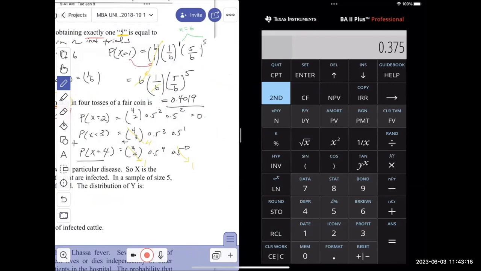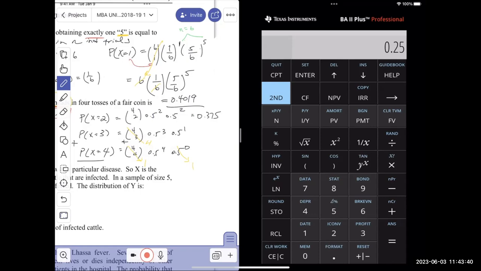Okay, so 0.375, and then the next one. So what I can do is I can store that by hitting store 1 and clearing my screen. So that's stored in storage 1. Then I can put a 4 times 0.5 to the power 3 times 0.5 to the power 1.